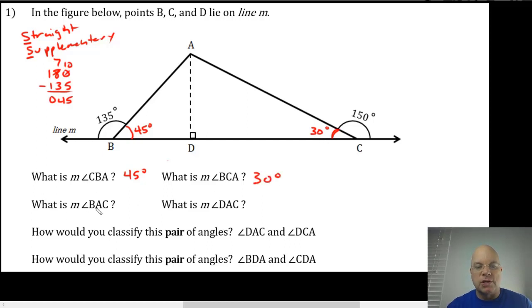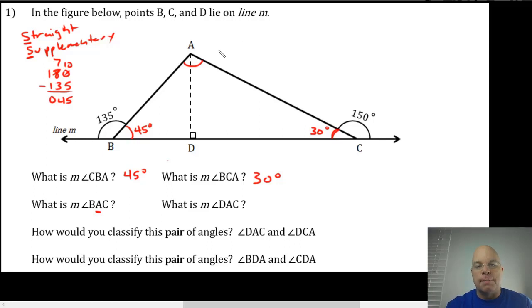The next question, what is the measurement of angle BAC? BAC, with A, the middle letter, being the vertex, is this angle up here. Well, if you consider triangle BAC, we have two of the angles of the triangle, and we're trying to find the third angle. The angles of a triangle add up to 180 degrees.